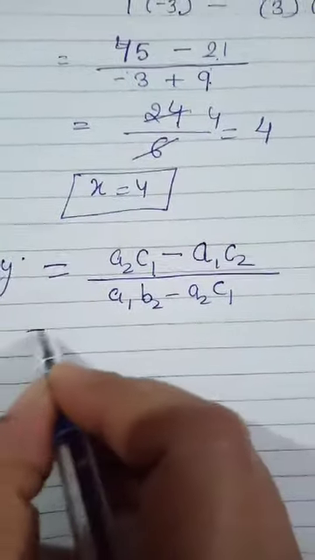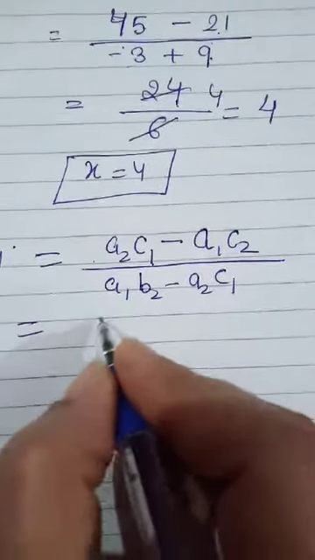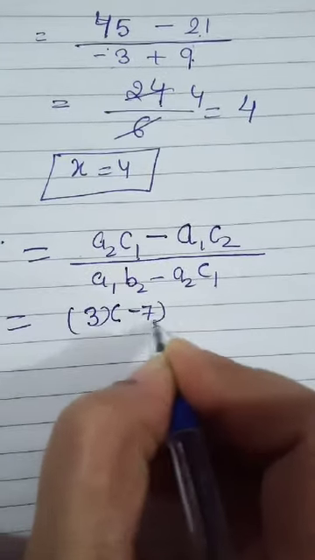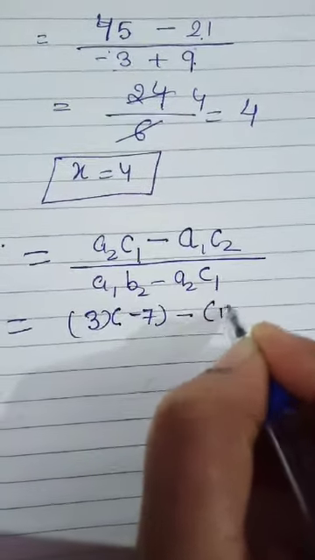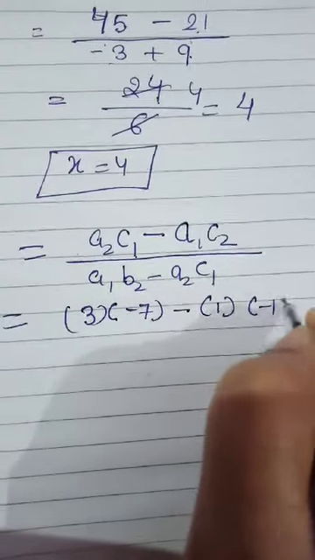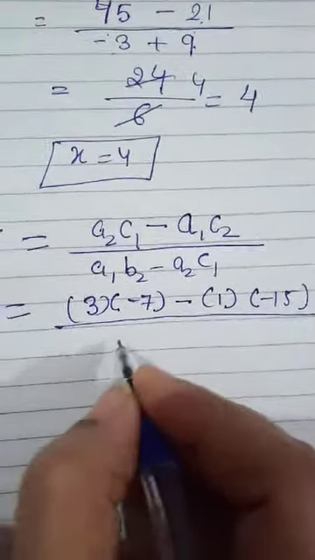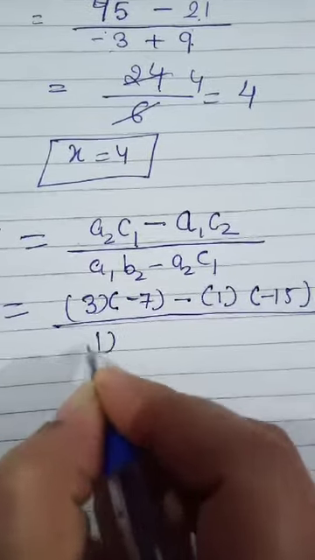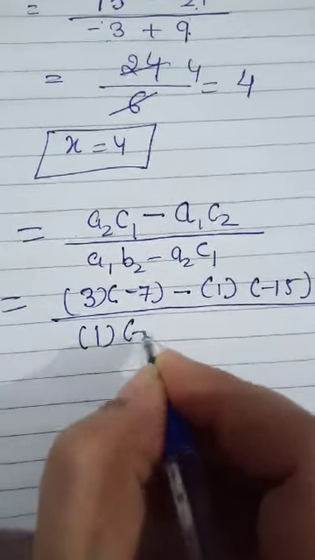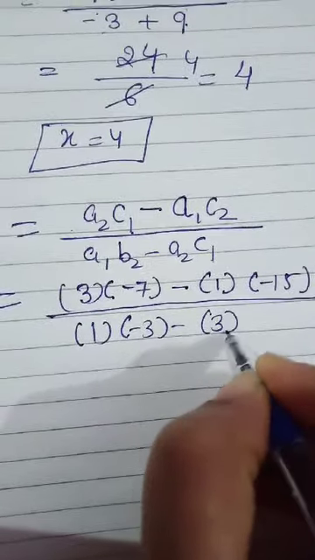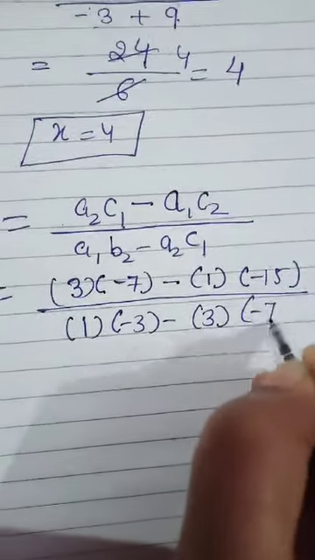Okay, so values of this, a2 is 3, c1 is minus 7, minus a1 is 1, c2 is minus 15, whole upon a1 is 1, b2 is minus 3, minus a2 is 3 and b1 is minus 3.